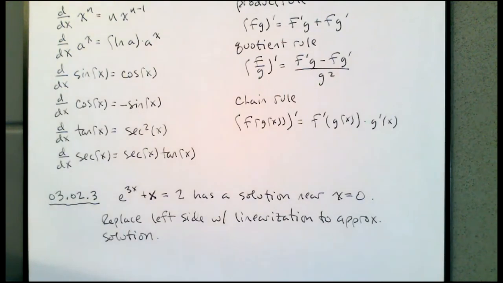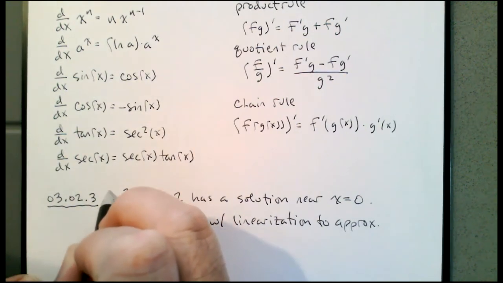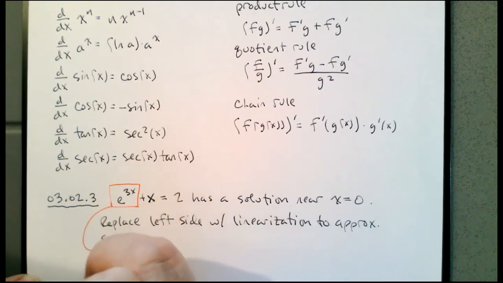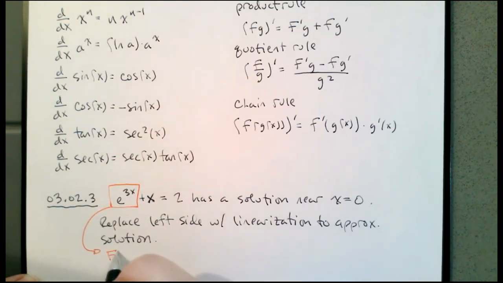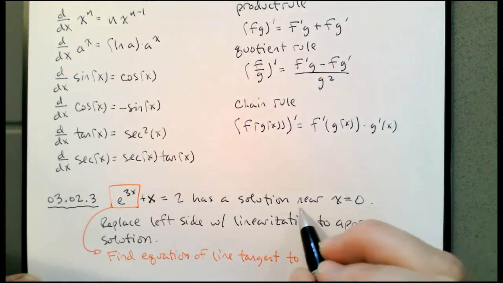So our strategy is to find the equation of the line tangent to e to the 3x near x equals 0.